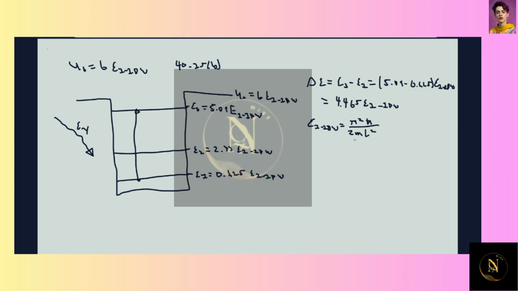The mass here is the mass of a proton, L is the width of the box, and h bar is reduced Planck's constant.